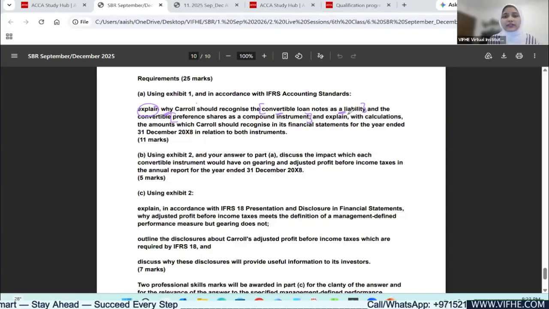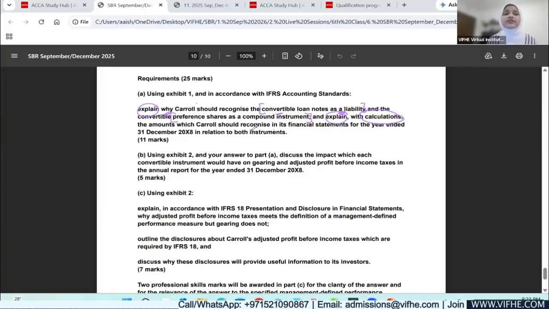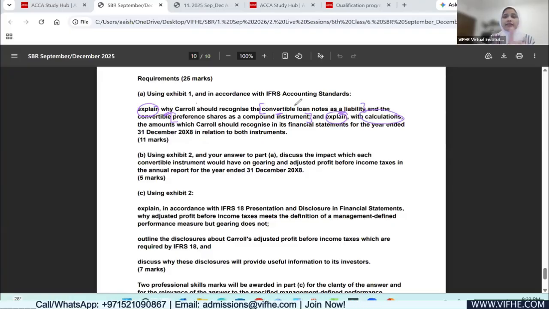And explain with calculations the amounts which Carol should recognize in the financial statements for the year ended 31st December 20x8 in relation to both instruments. Okay, very good. So it is giving reasoning of why it's liability, why it's compound, and then giving the numbers for that particular year.